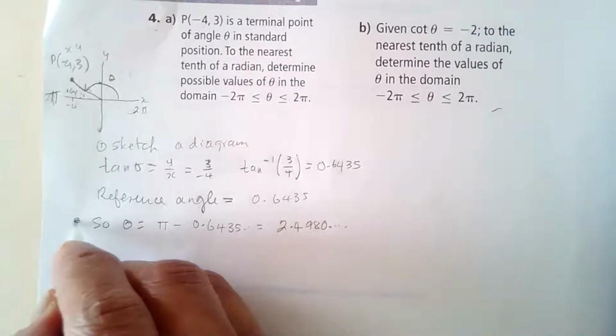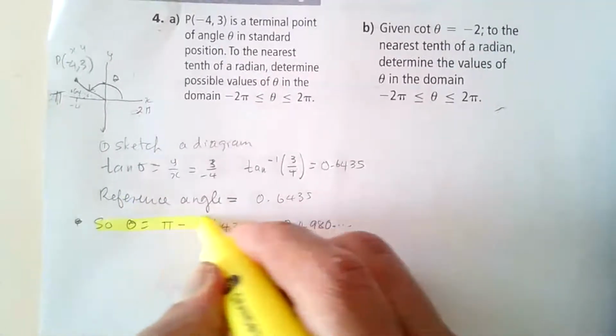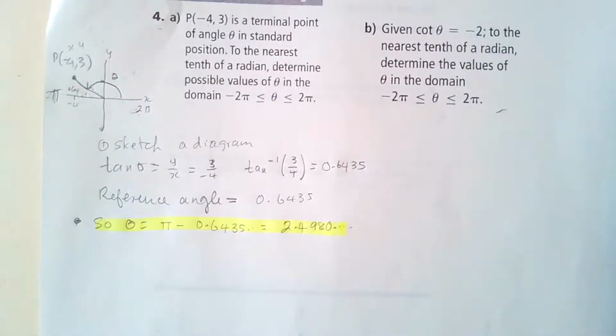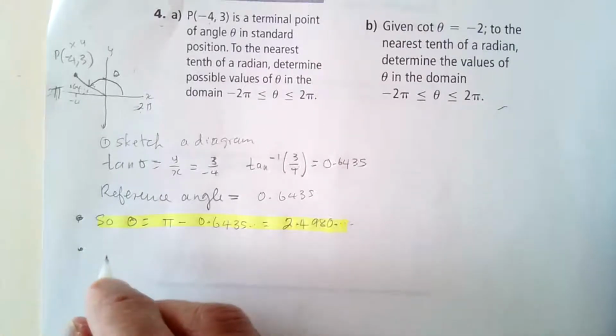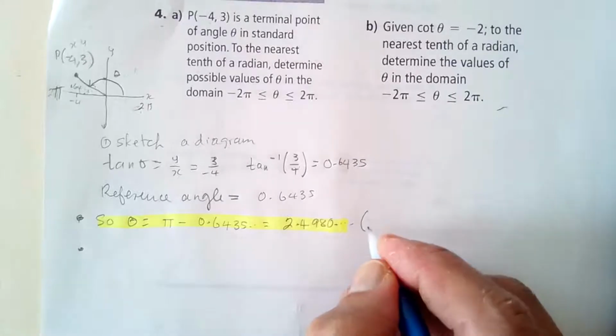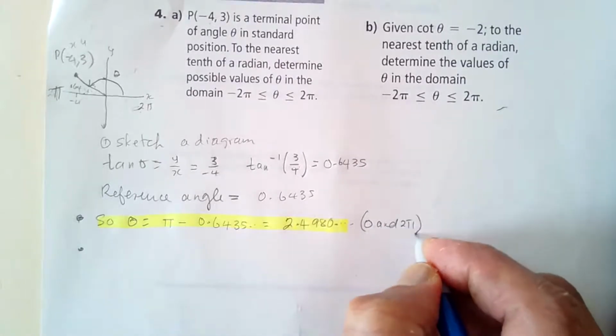I'm going to highlight that answer for us. So that's one possible measurement, the angle between 0 and 2 pi.